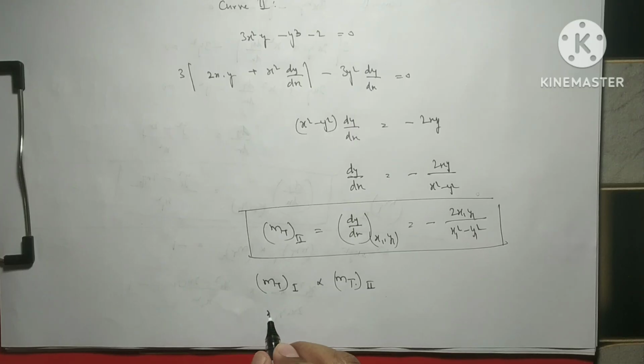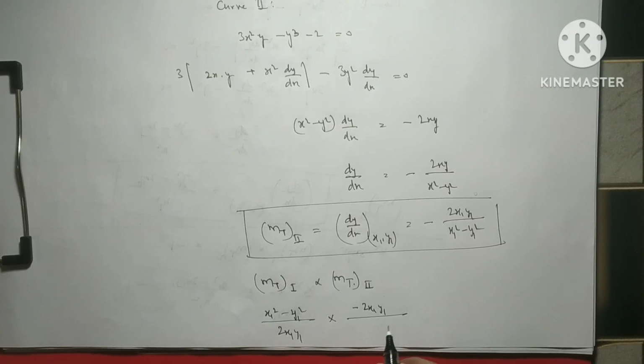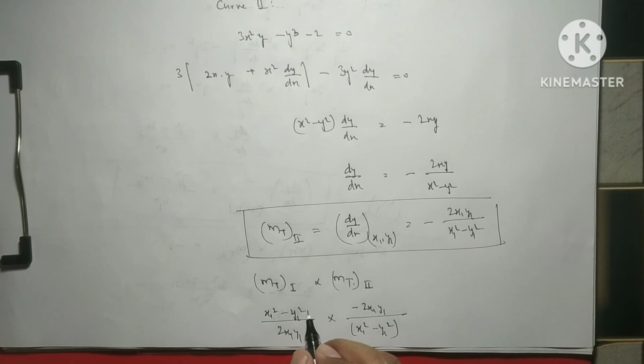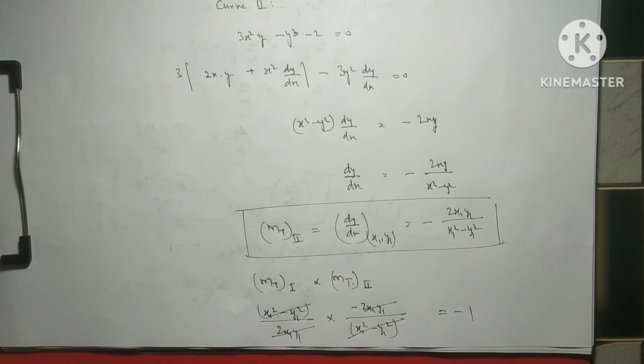It is x1 square minus y1 square over 2x1 y1, and this value is minus 2x1 y1 over x1 square minus y1 square. So cancel this with this and 2xy with this, and we get minus 1.